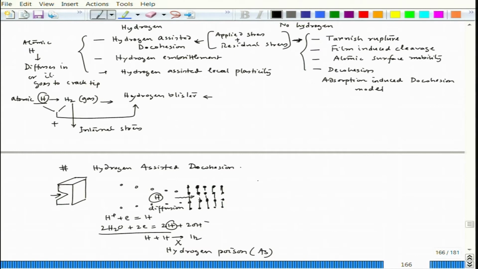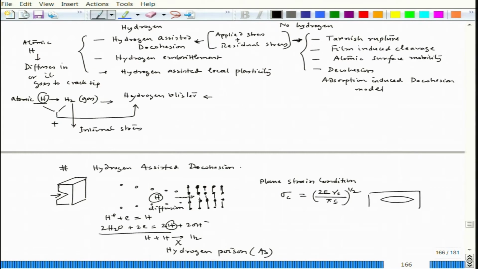And in the plane strain condition, you can see this is the fracture stress, which can be related to the formula: the square root of 2Eγs divided by πC.